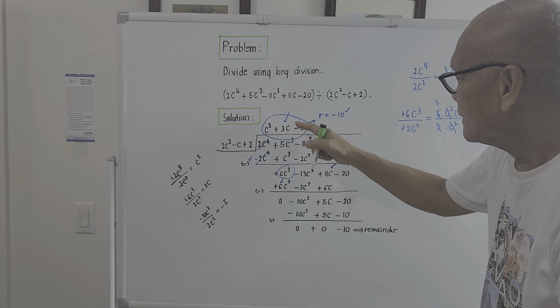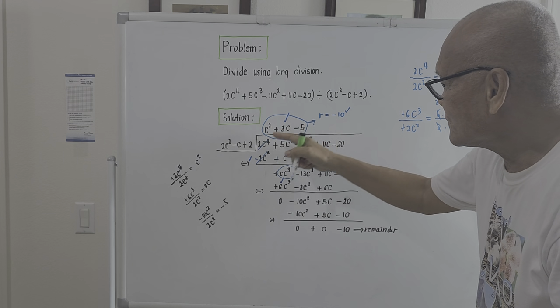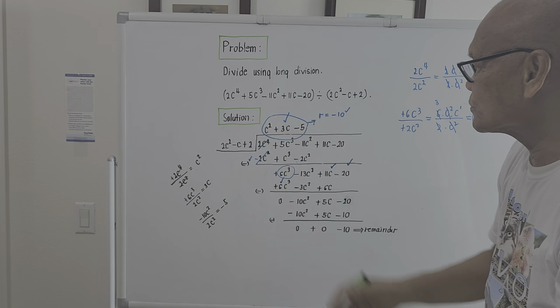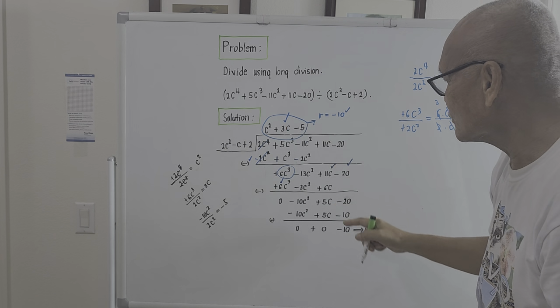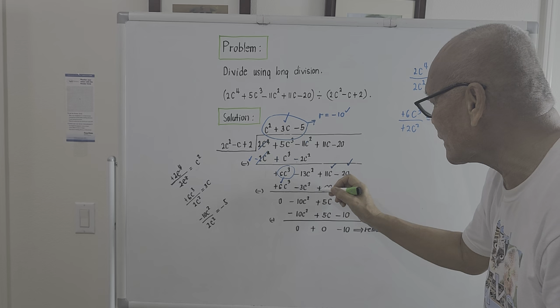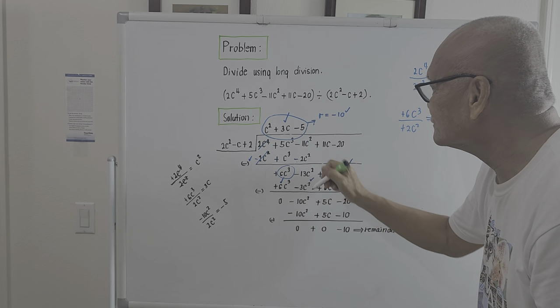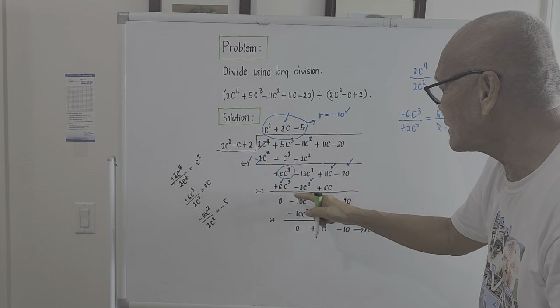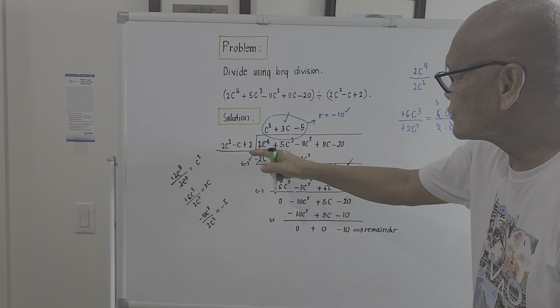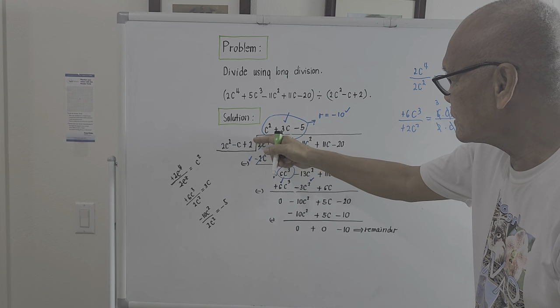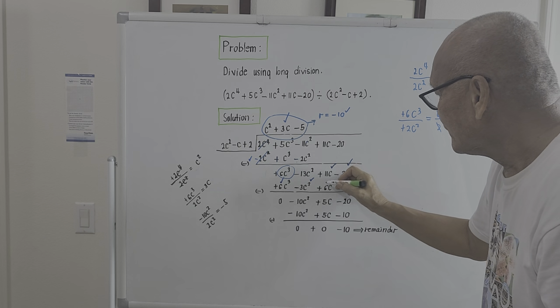Next one, 3c times negative c. Again, laws of exponent. A c times a c is actually c squared. So this will be negative 3c squared. Next one, 3c times 2, this is just a pure constant. It will be 6c.